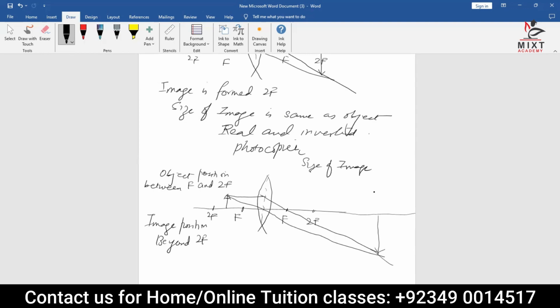Yes, Ibrahim, what is the size of the image? Any guesses? It's larger. It's very large, or large. And because the image is inverted, you can say real and inverted.